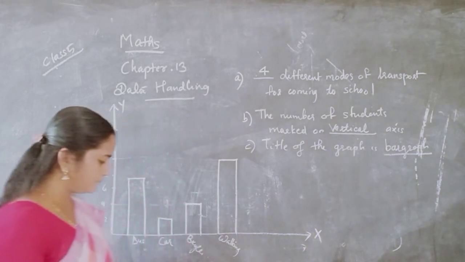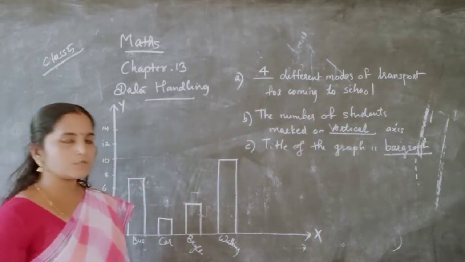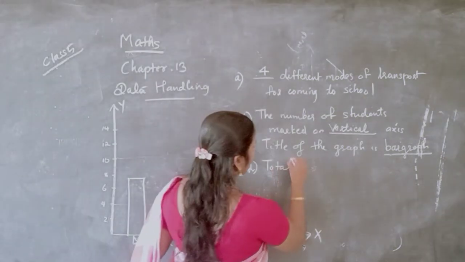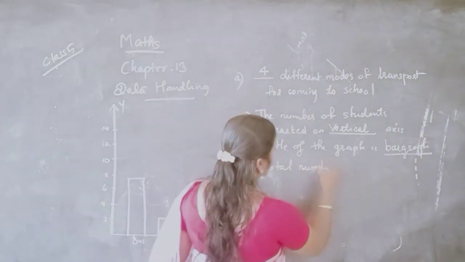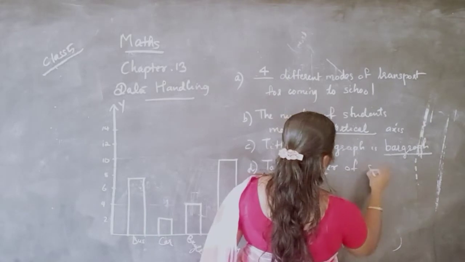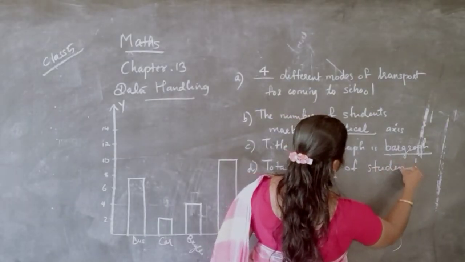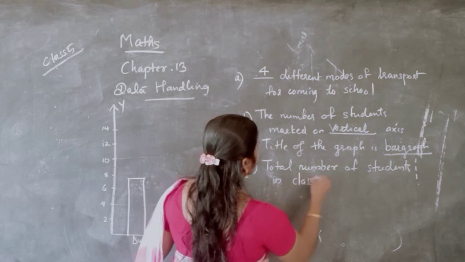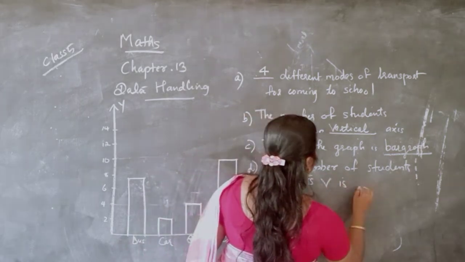Then, the total number of students in class 5 is dash.